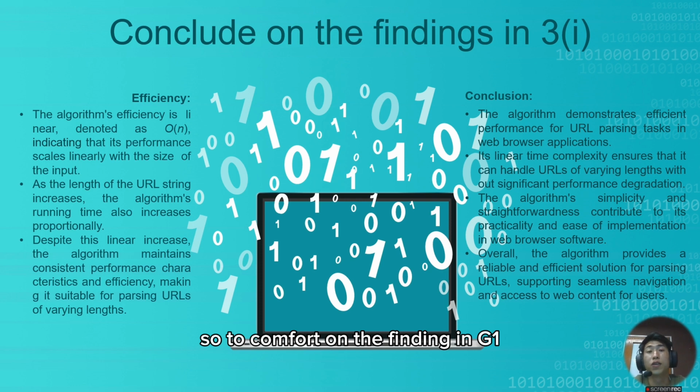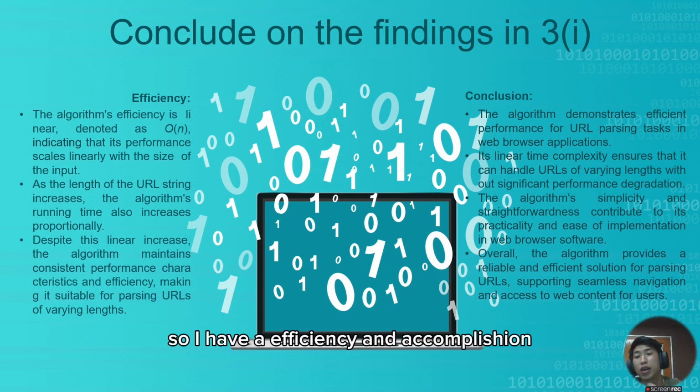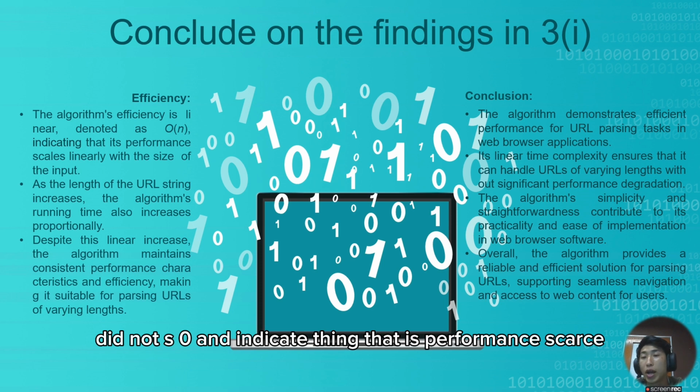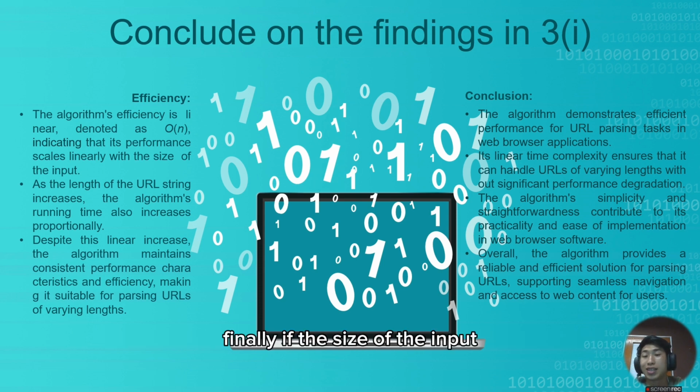So to conclude on the findings in 3.1, I have an efficiency and a conclusion. The left side is the efficiency. The algorithm efficiency is linear, denoted as O(n), indicating that its performance scales linearly with the size of the input.